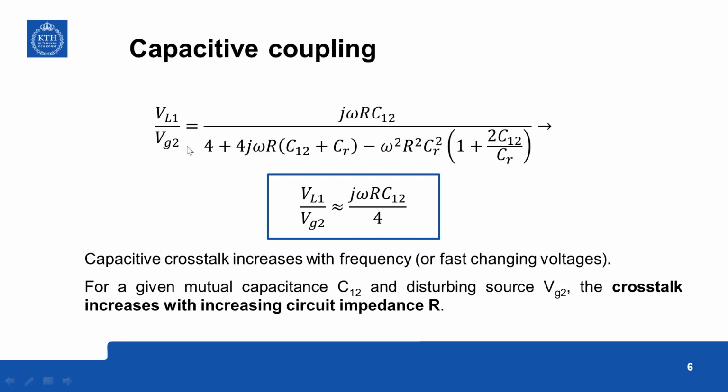This is the transfer function. VG2 is the source, VL1 is the noise voltage. Now in this case, the coupling capacitance C12 is much smaller compared to the capacitance to the reference, and therefore we can neglect the terms that contain CR, and we can see that 4 is much greater than any of these terms.